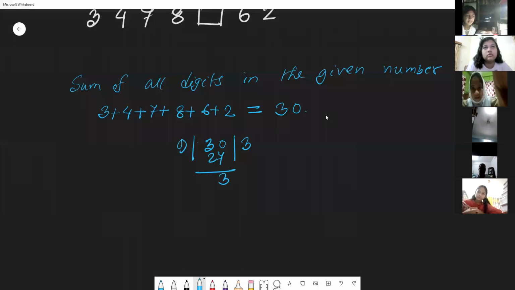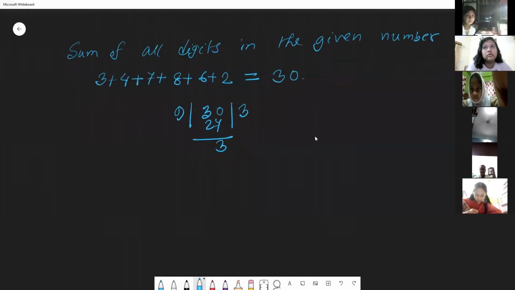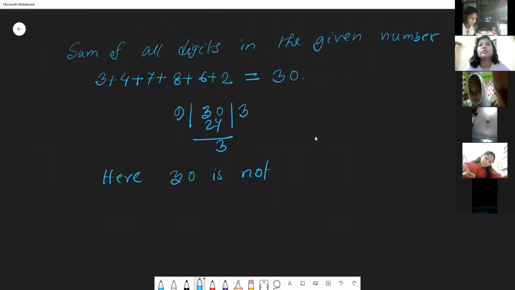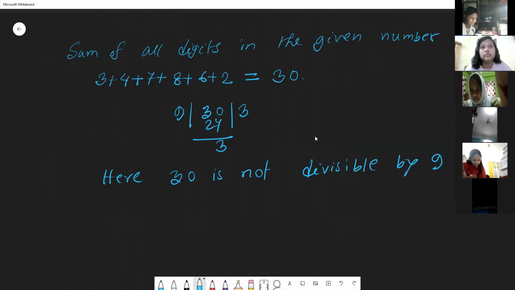There is a remainder of 3. So 30 is not divisible by 9.